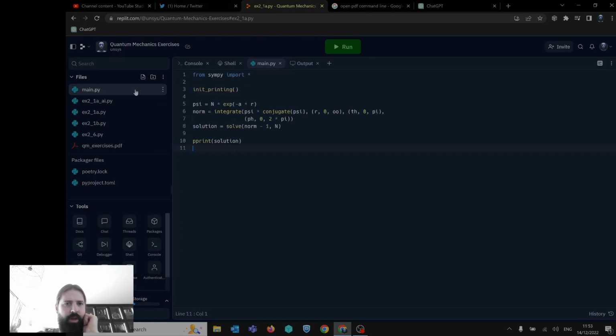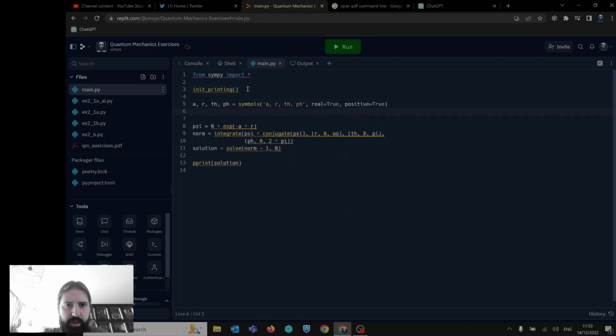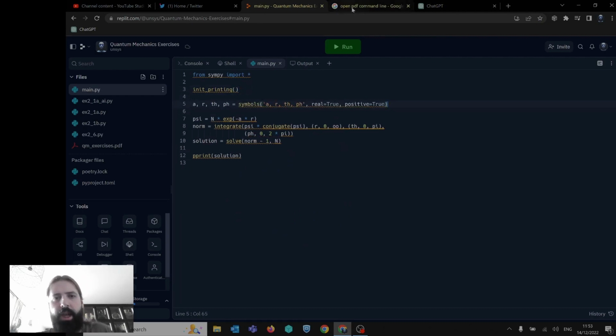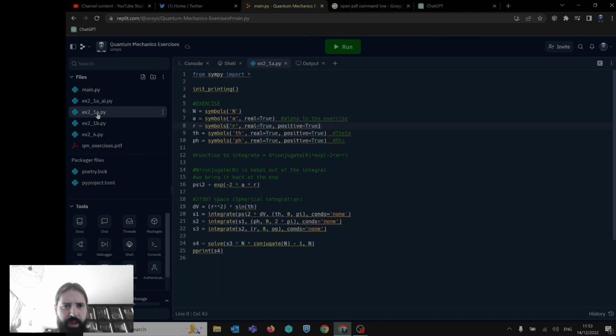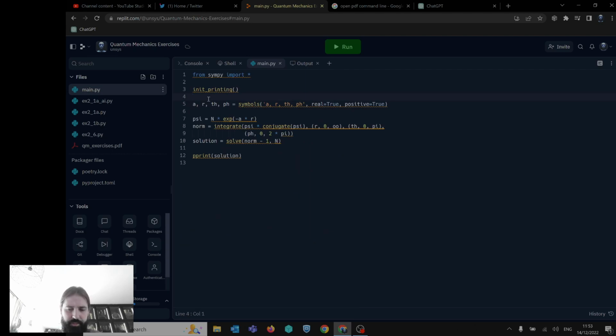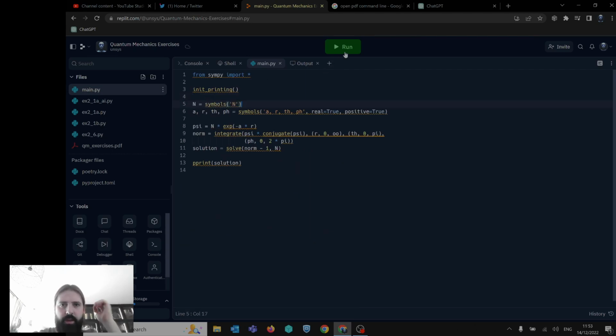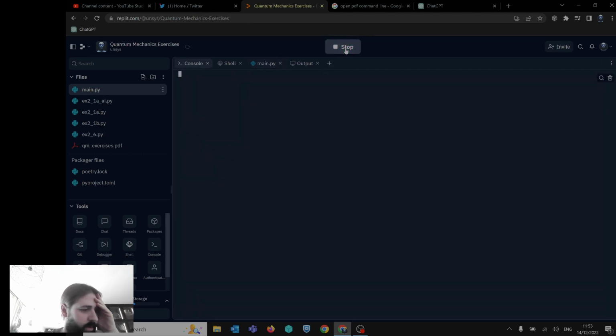Let's just try. No, n can definitely not be. N is just a generic symbol because we don't want to give it any specific constraints. Let's see what happens.